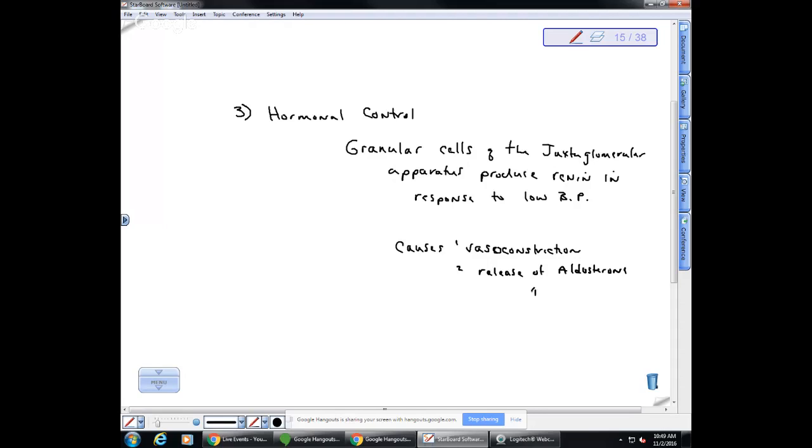And that increases blood volume. Right? And all of these function into increasing blood pressure. Okay, so that would be a hormonal kind of regulation.